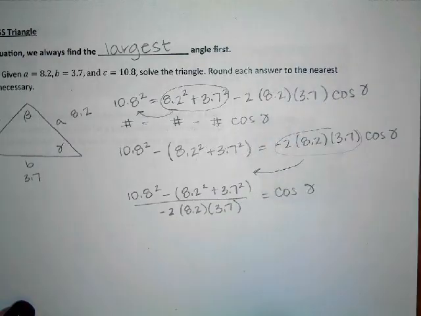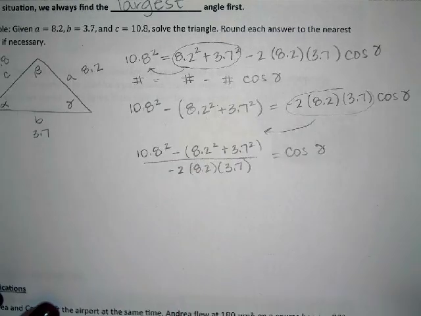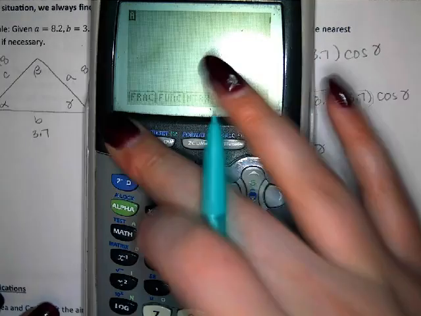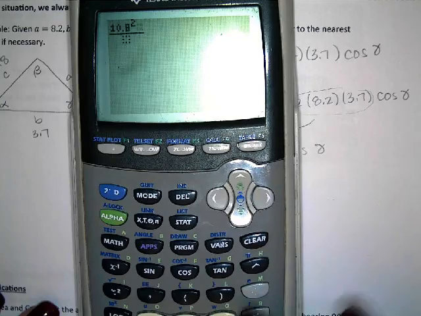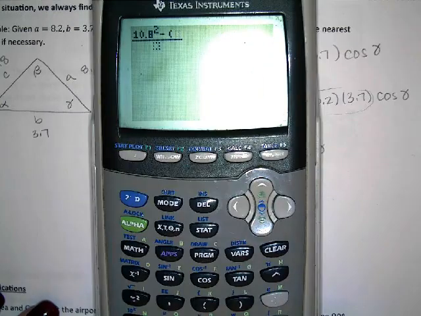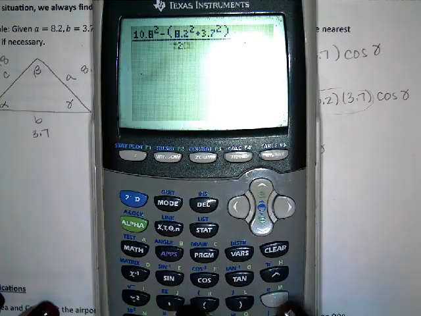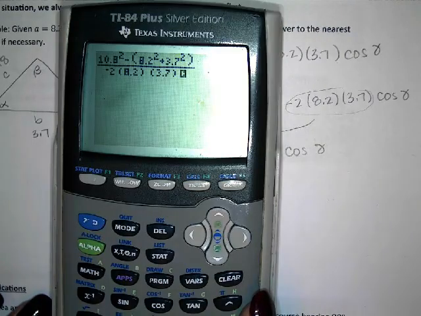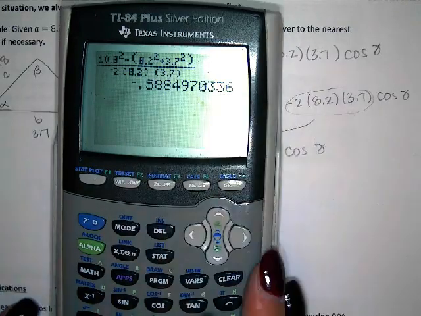Okay, so I'm going to go ahead and type this in as a whole group. Okay, so this is equal to cos gamma.